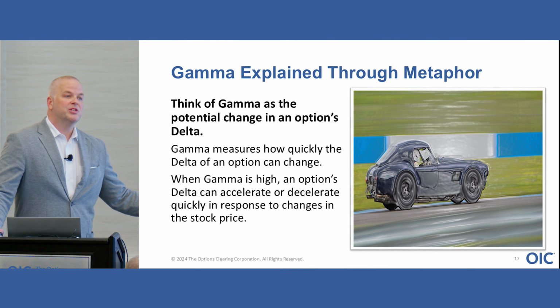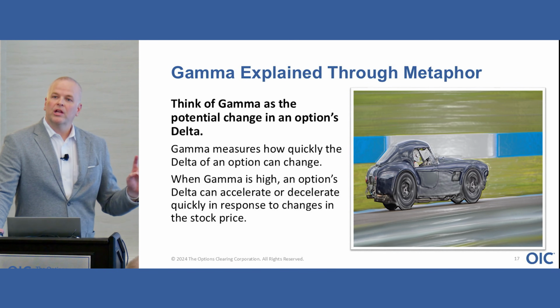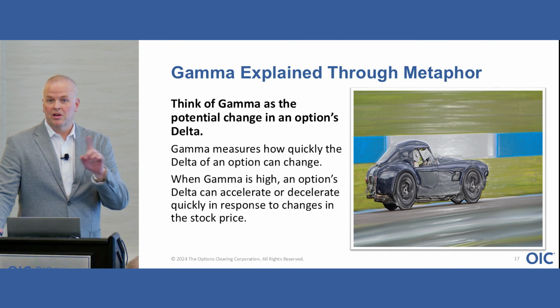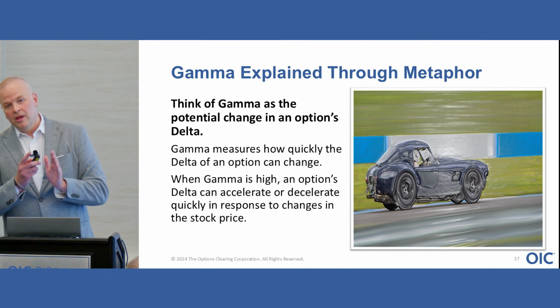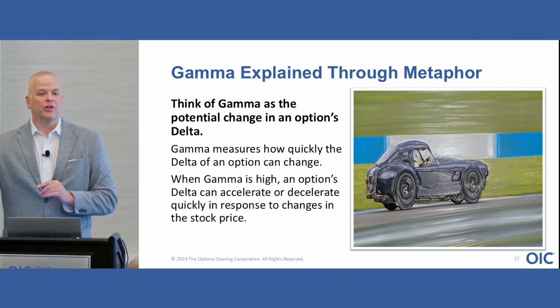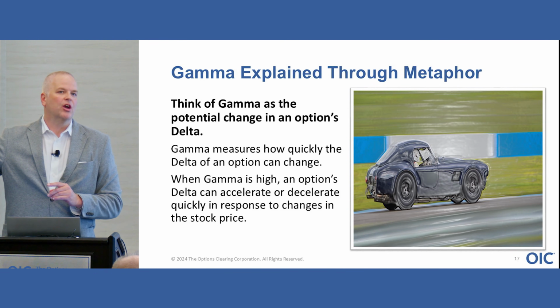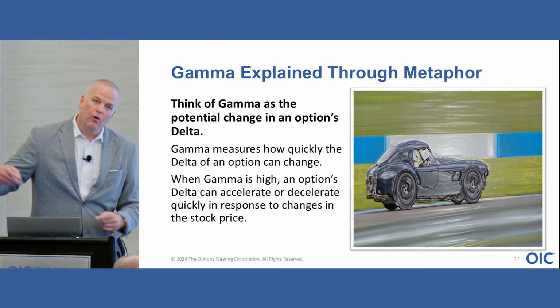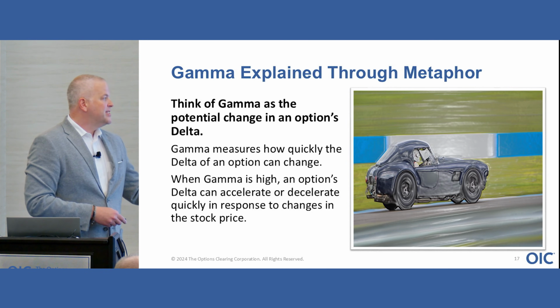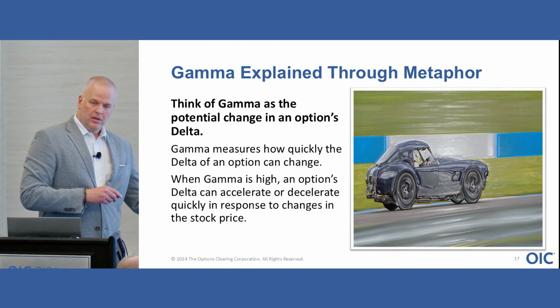Zero DTE options have exceptionally high levels of gamma and have very low levels of vega, what Emily talked about. Vega is commensurate with time to the back of the curve. As you move back in time, adding duration to options, they acquire more vega. As you move forward in the curve, they acquire more gamma, because they are so much more sensitive to underlying movement.